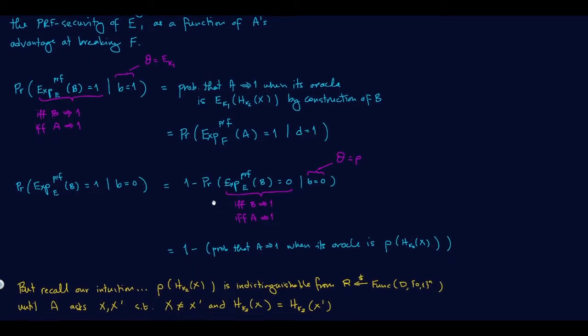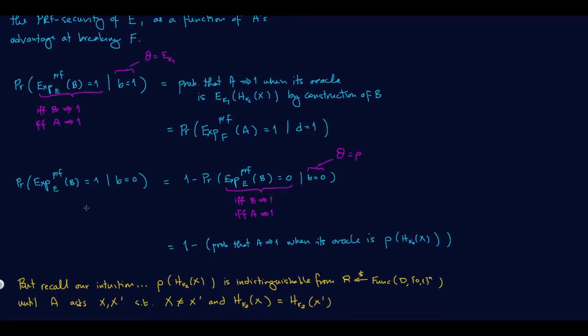Let's look at the other piece now. When the challenge bit in B's PRF experiment is 0, then we know that the oracle here is a random function, right? And we usually play this trick of saying, well, the experiment outputs 1 when B guesses the bit, and B guessing the bit here would mean outputting 0. It's easier for us to think about B outputting 1 because we've already thought about that. So we just switch this to be 1 minus the probability that the experiment outputs 0 when the bit is 0.